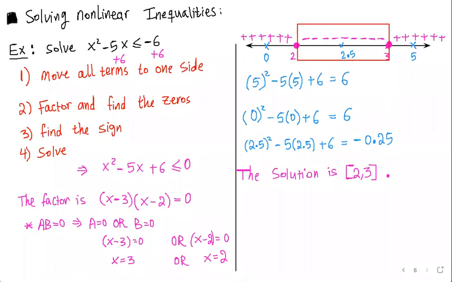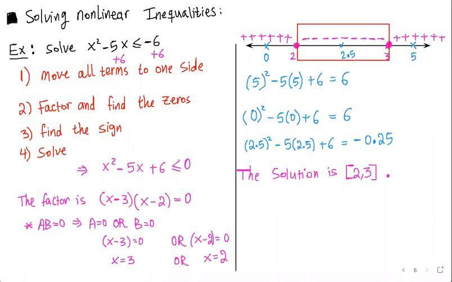Any question? How to solve a nonlinear inequality? Why is it closed? Because of the 0? Why is it closed? Because if I plug the 2 here, it gives me 0. The question asks when this expression will be negative or 0, because the sign is less than or equal to 0.